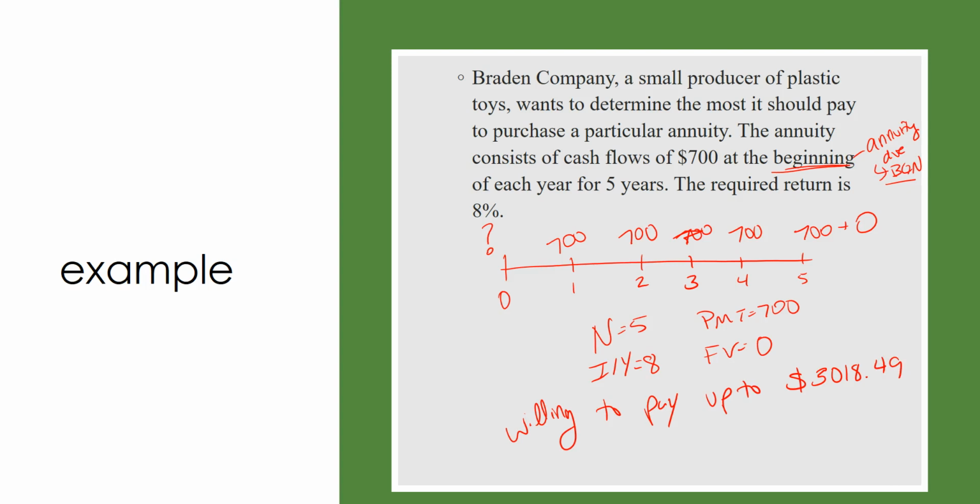With the ordinary annuity, we were only willing to pay $2,794.90. We're willing to pay more for this because we are receiving these cash flows sooner. We would receive them at the beginning of the year as opposed to the end of the year. So we would have extra time for that money to grow.